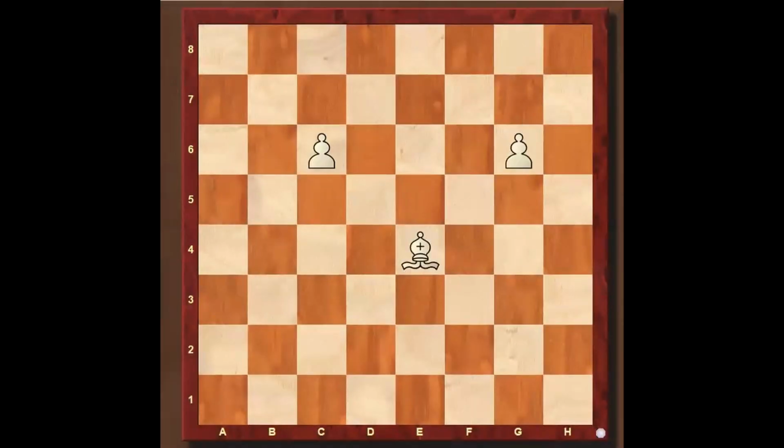Okay. So here we have the light squared bishop and it is placed in the center of the board. And it is free to roll down on either side of the chessboard if it is going towards the bottom. But if you see, its path is restricted if it wants to go upwards.